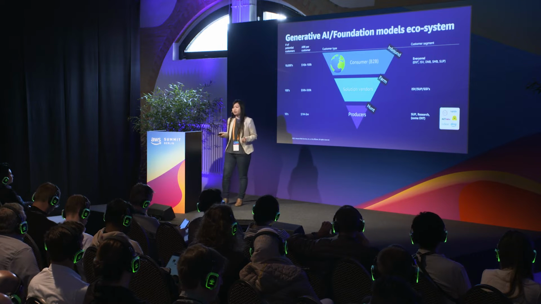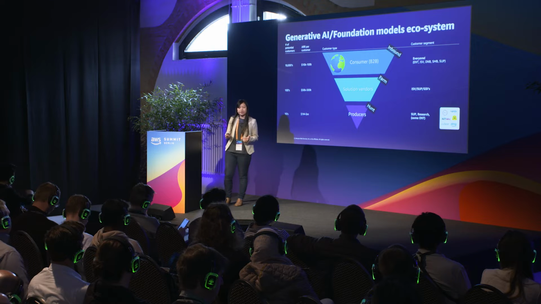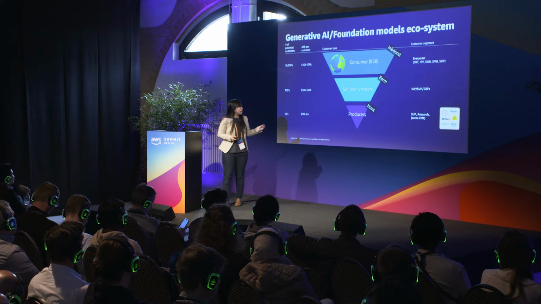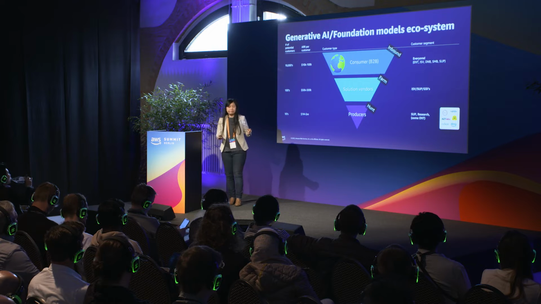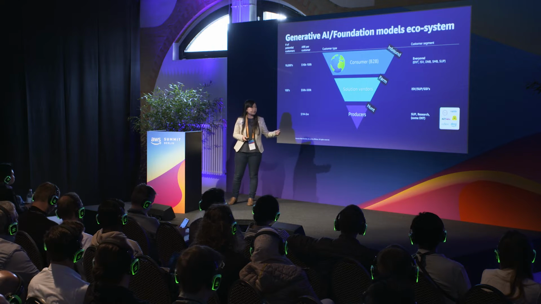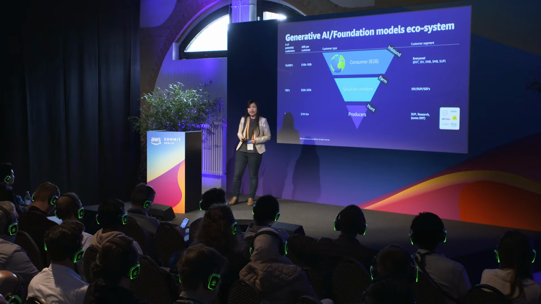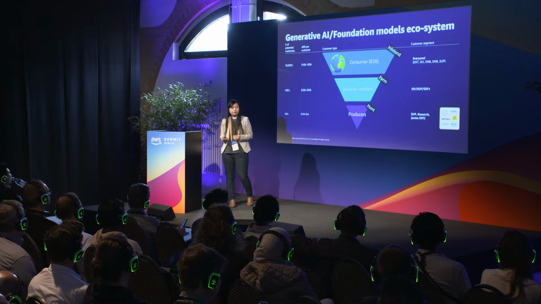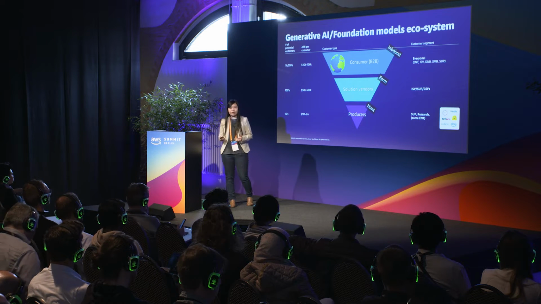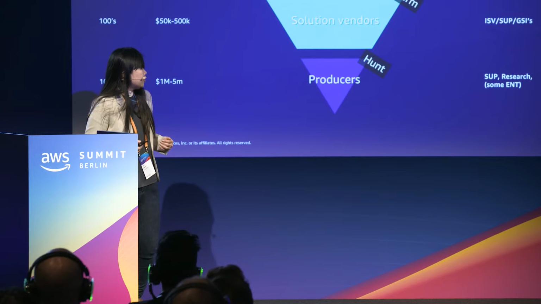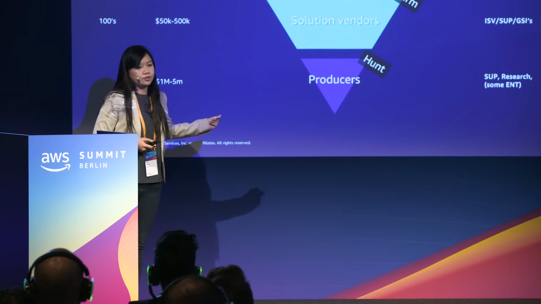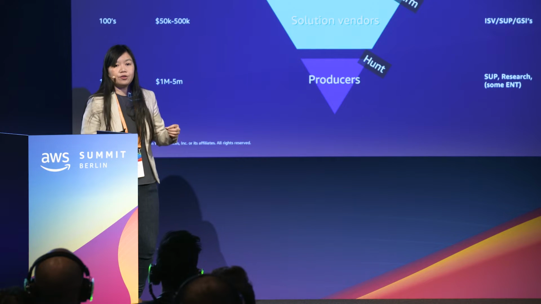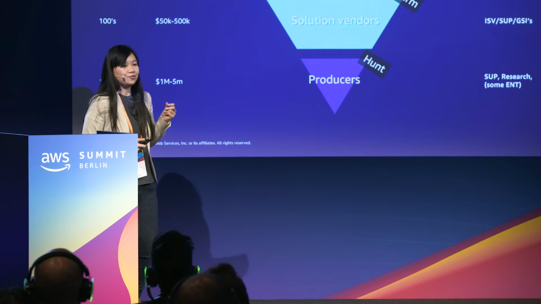Now, I also want to share how we see the whole generative AI ecosystem. I shared 3 types of customers that we see in the field. The first type is producers. Producers are like Stability AI and AI21, and they are providing foundation models to the market. Those foundation models can be used by solution vendors. Solution vendors take a foundation model and build applications around it, just like several of you just raised your hand, right?